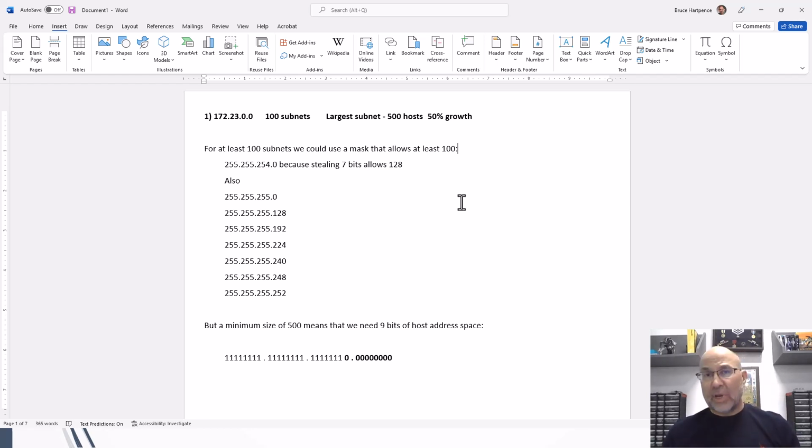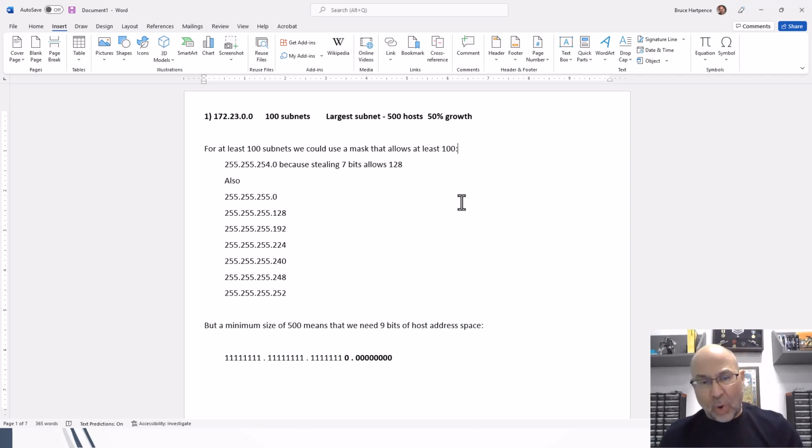If we steal 3, that's 8 subnets. 4 is 16. 5 is 32. 6 is 64. We need to steal 7 bits so that we can create 128. Remember, we're doing this on powers of 2. So we need at least 7 bits. But 8 bits would also do it. 9 bits would do it. 10 bits. So there's a whole bunch of combinations that would give us 100 subnets.